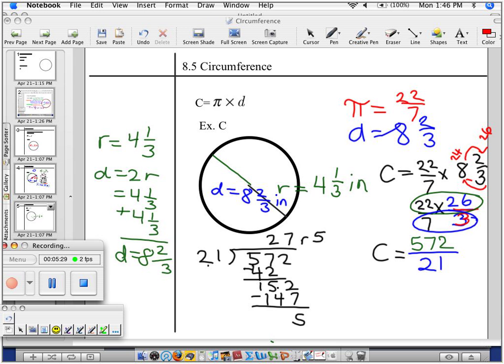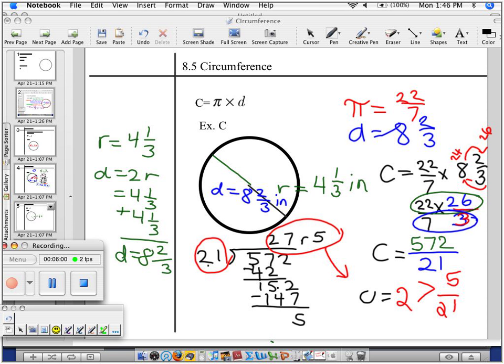My remainder is 5. Turn and talk to your neighbor. How do I use this information to make a mixed number? Okay, so your circumference is 27 and 5/21.